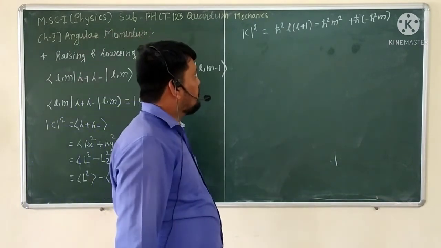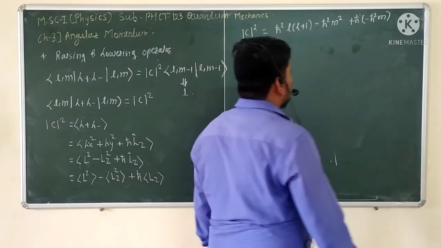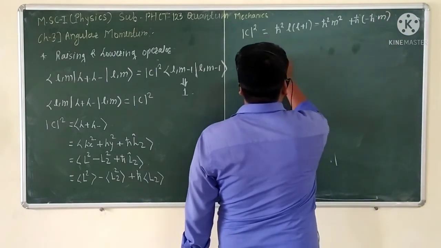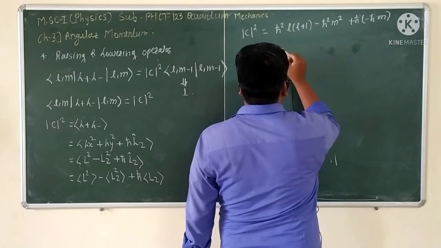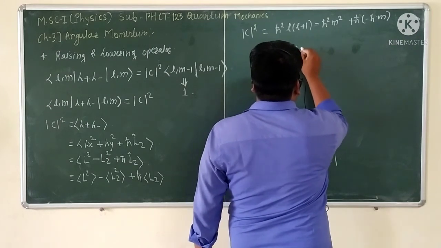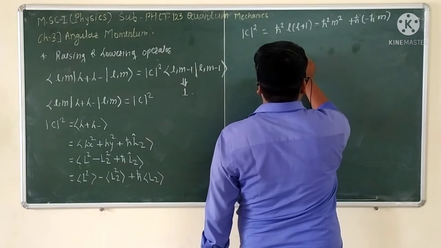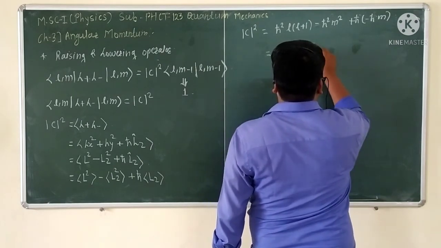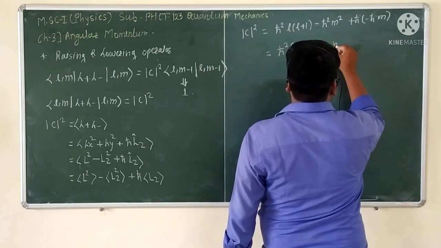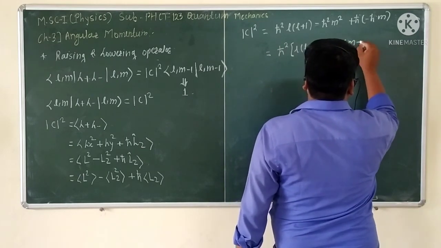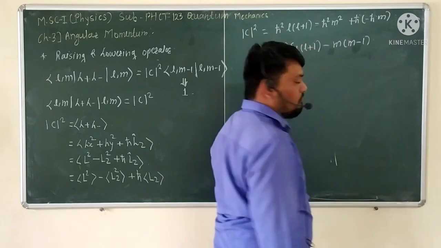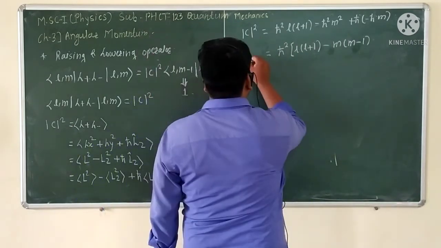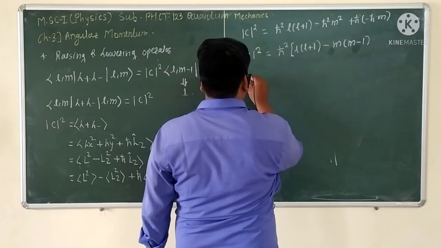If you calculate this value, the final result becomes h cross squared times L into L plus 1 minus m into m minus 1. So this is the value of mod of C squared.